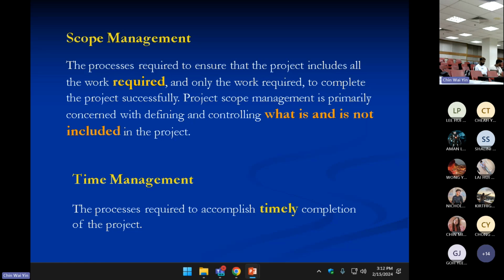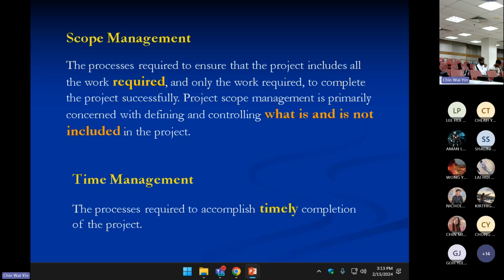That's why I always ask you, not just the system, can you also describe what's included in your systems development? Otherwise, if you do not define it, then anything goes, and your budget will also increase if you don't define your scope.